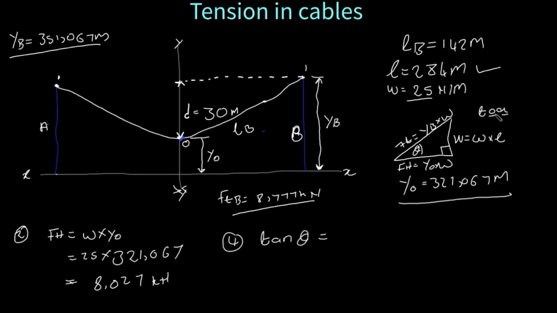So opposite is W times LB, adjacent is W times yo. This and this cancel out.